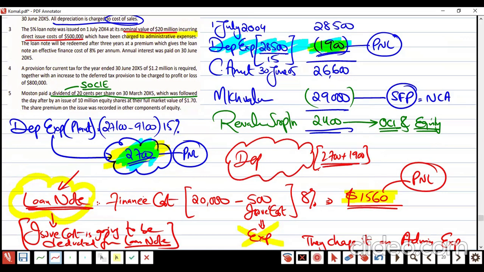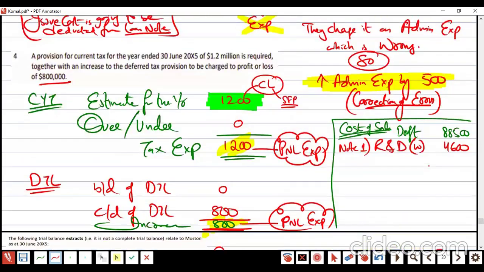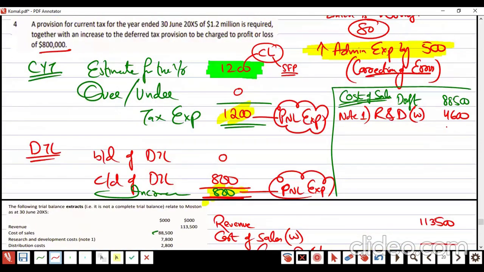Total is how much? 4,600. And it's going to be cost of sale, right? 4,000 and 600. Same amount? Very strange.